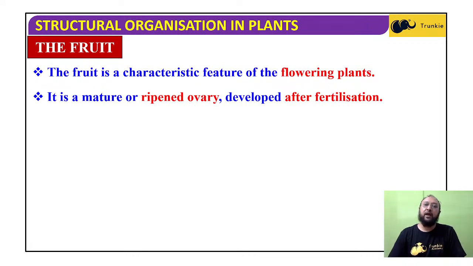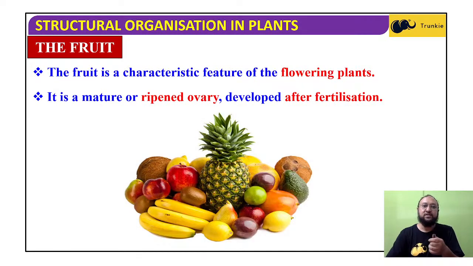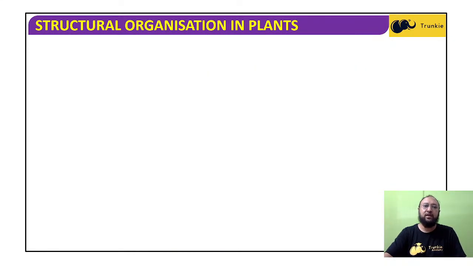It is a mature or ripened ovary. When fertilization takes place and the zygote is formed, the ovary ripens and changes into fruit. There is no need to mention examples of fruits because you are all very much aware of them.